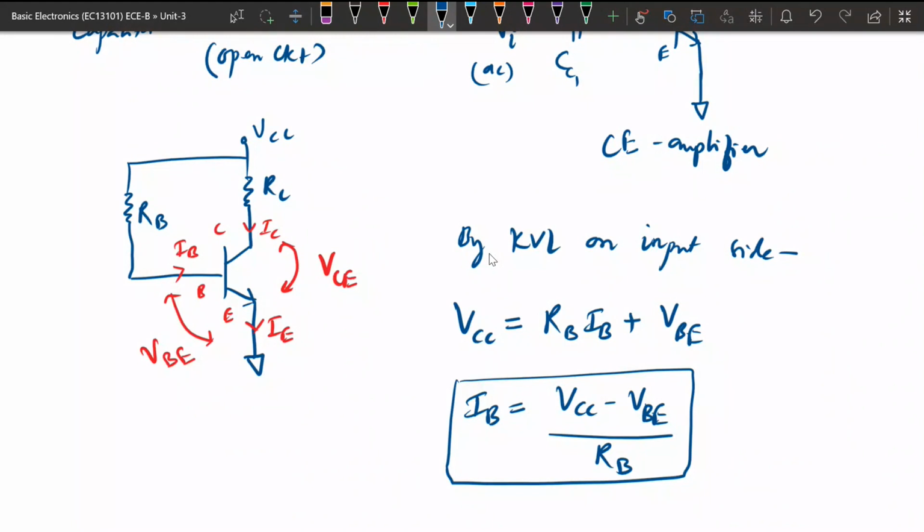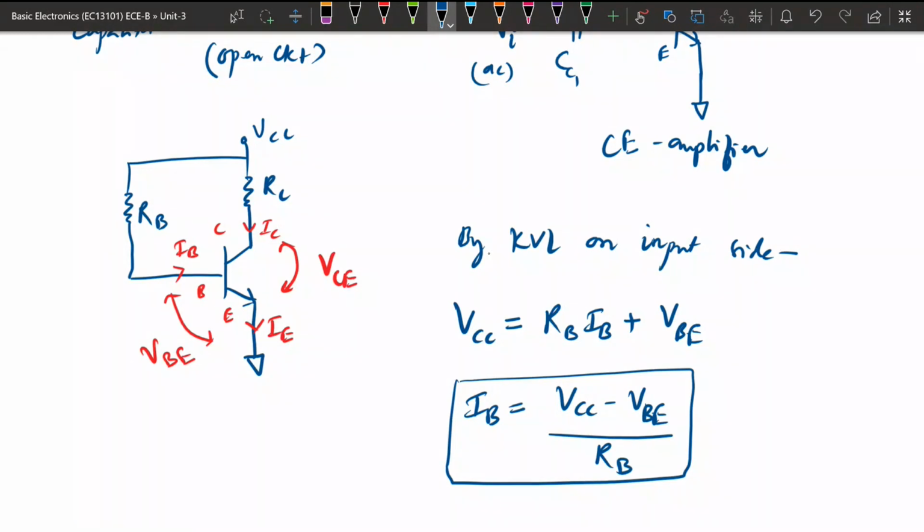Here, VCC decides IB. Once IB is fixed, with respect to this IB we get IC, and with this IC we get VCE.